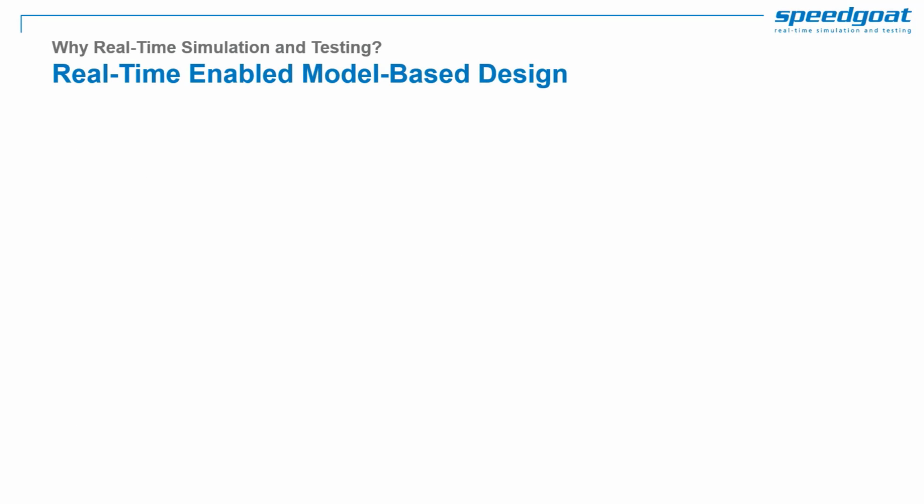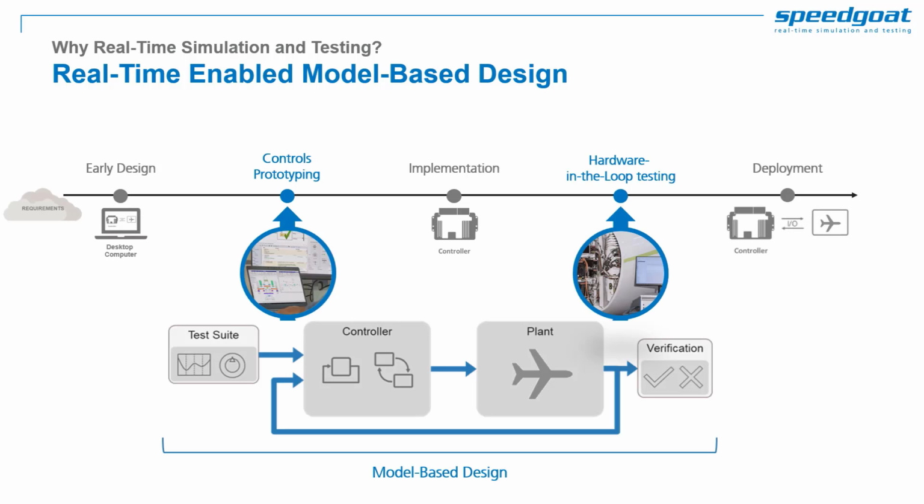Where do you need HIL, and how is this linked to real-time simulation and testing? A development workflow has several stages. In aerospace, a development starts with a defined set of requirements. In order to save time, you want to do a desktop simulation of your product or your plant that you're developing. In order to see how your early design behaves in the actual environment, you can leverage controls prototyping.